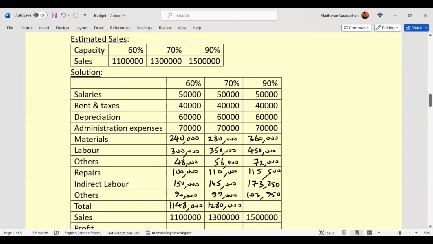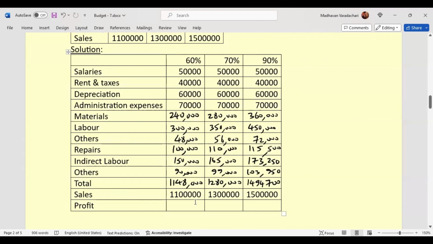Next one, 1494,700. That is 50,000 plus 40,000 plus 60,000 plus 70,000 plus 3,60,000 plus 4,50,000 plus 72,000 plus 115,500 plus 173,250 plus 103,950.